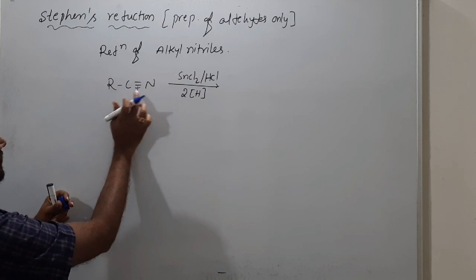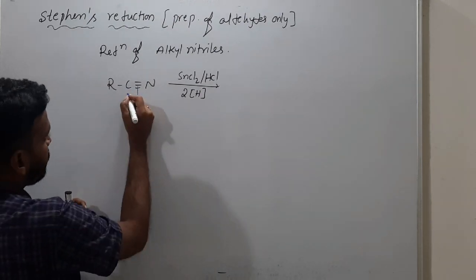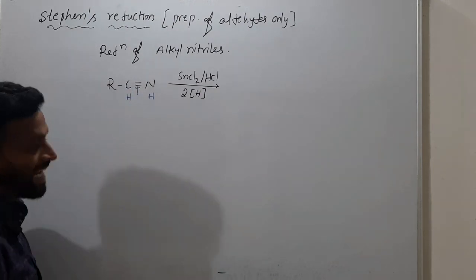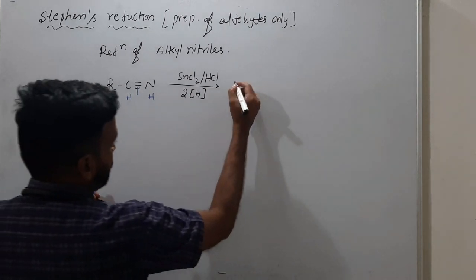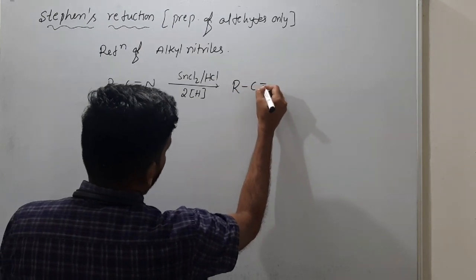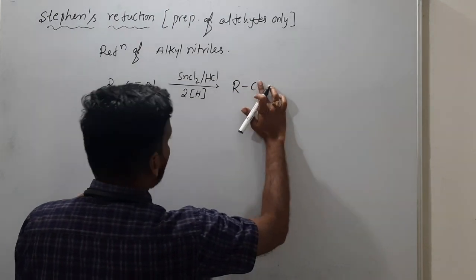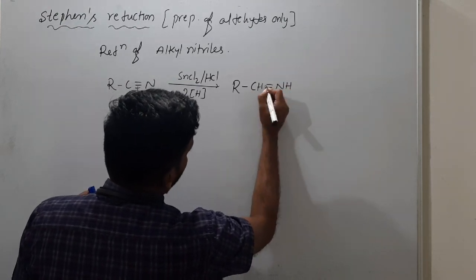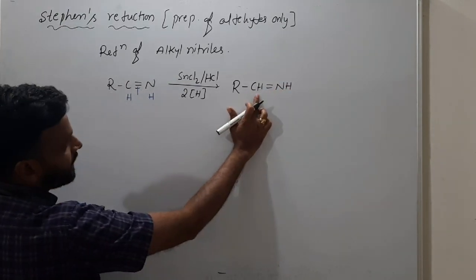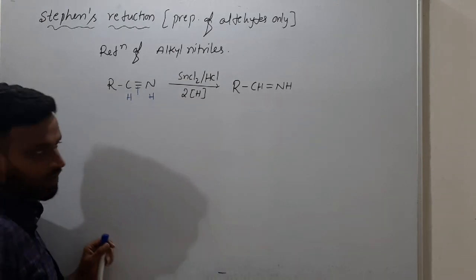It's a triple bond, no? C triple bond N. So here one hydrogen and here one hydrogen will add. So what you will have there is RCH double bond NH.